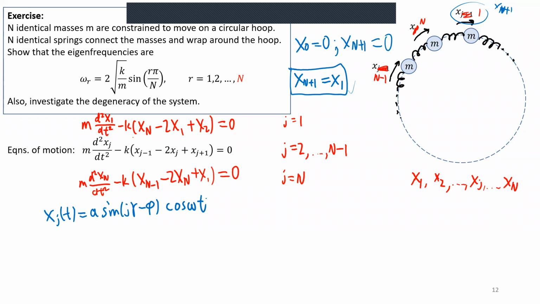First of all, we could just pick phi to be 0, because this is just representing an overall phase shift for all the displacements, for all the oscillating masses. Okay. And we are going to require that xn plus 1 equals xn, equals x1 at all time.